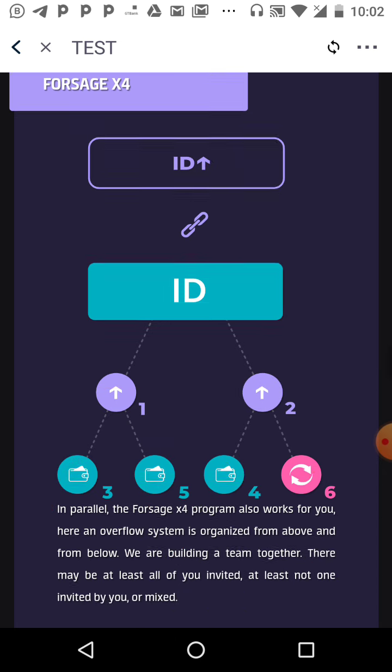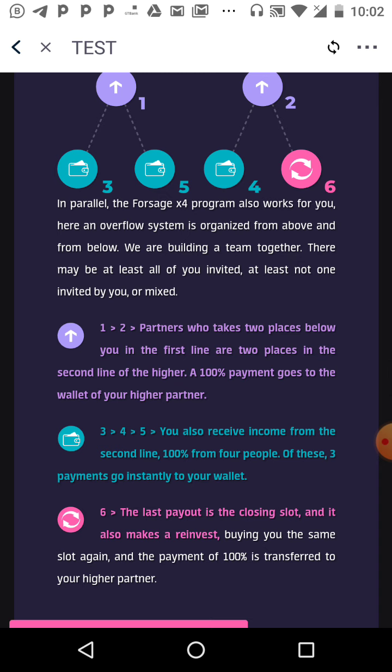In parallel, the Forsage X4 program also works for you as an overflow system. Like I said already, this system works as an overflow, organized from above and from below. We are building the team together.